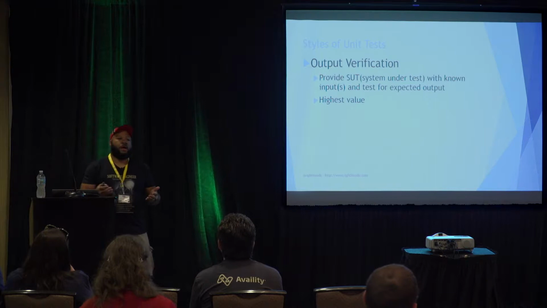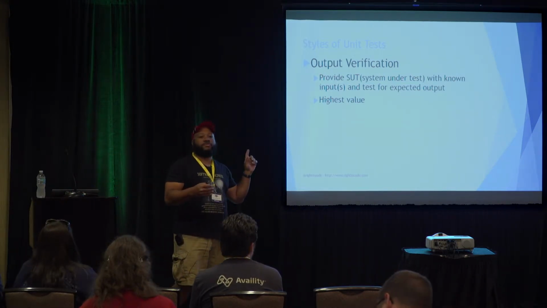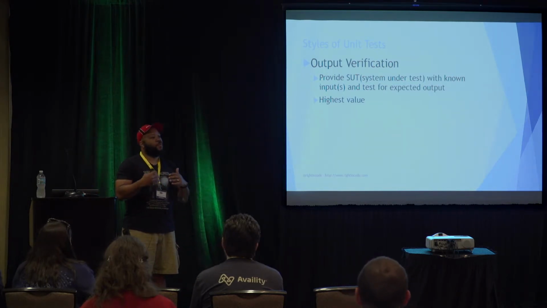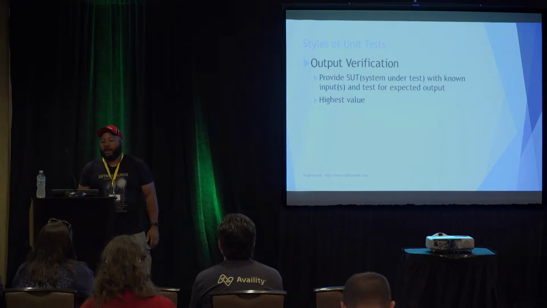When we think about the value of unit testing, this is probably the most valuable, at least in my opinion. It's going to tell you exactly what's wrong, where it's wrong. There's not a lot of gray areas, not a lot of research you need to go into. It's basically going to identify the problem, right?